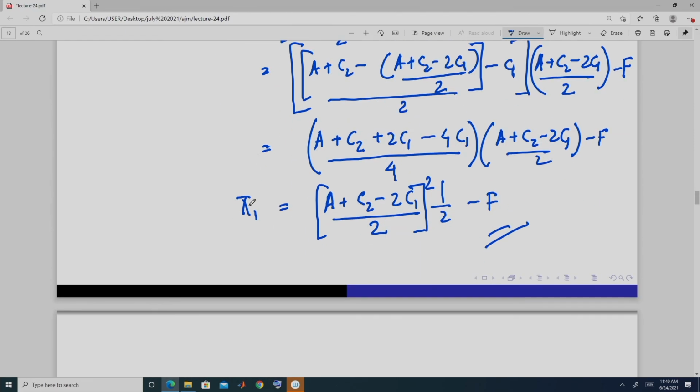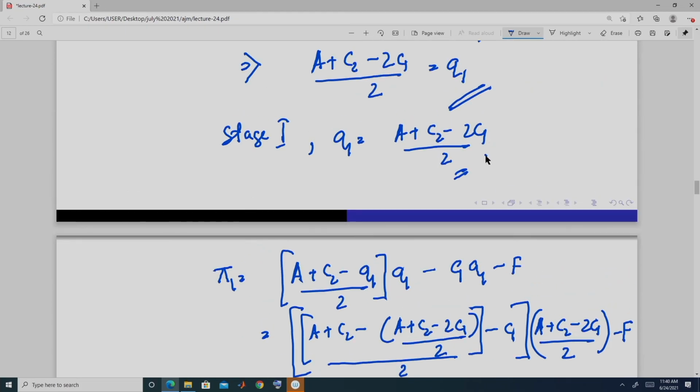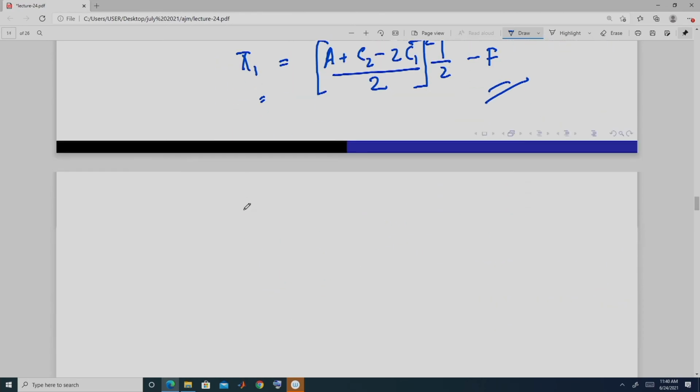In stage 1, the profit of firm 1 is this and the output of firm 1 is this. Now, based on this we can find out the outcome in stage 2.